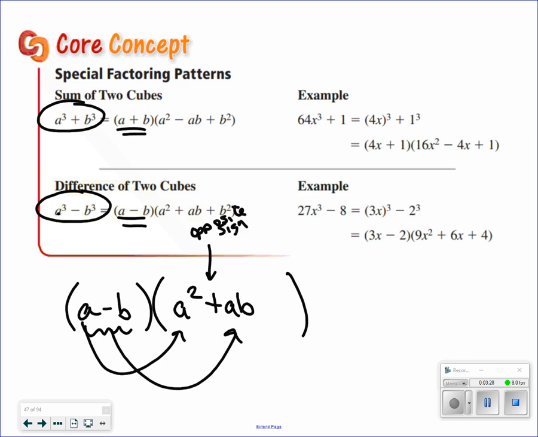And then the last one is always a plus sign, and then it's the second one squared. So that pattern is the case. I'm going to go up here to the top so you can see it again. First one squared, multiply the two together and change the sign, last one squared. And you don't need the arrows. I'm just trying to show you how this pattern actually works.